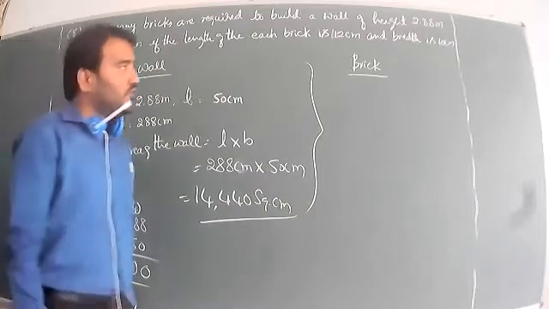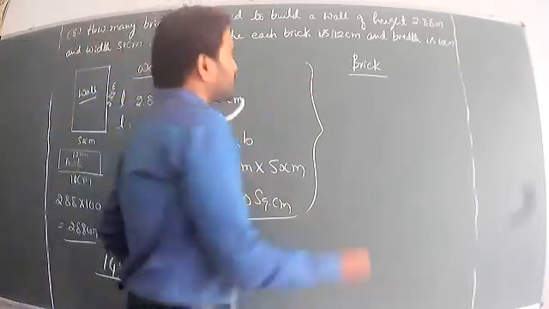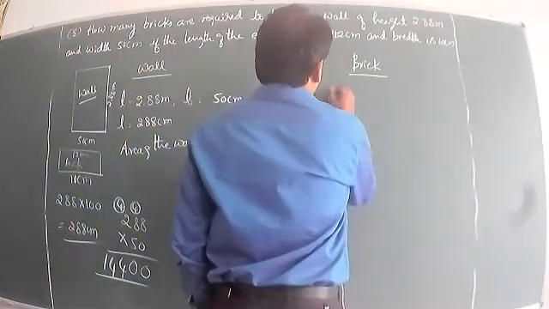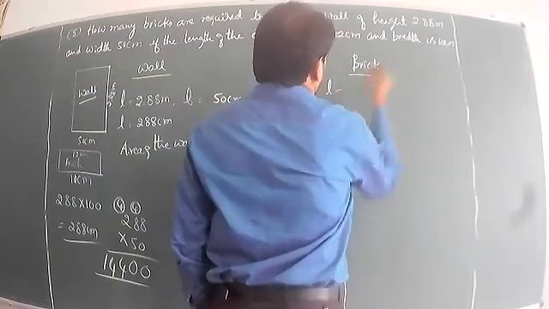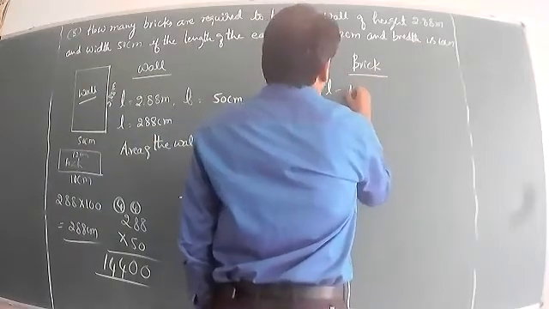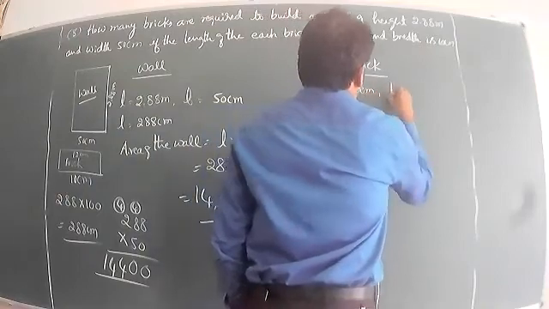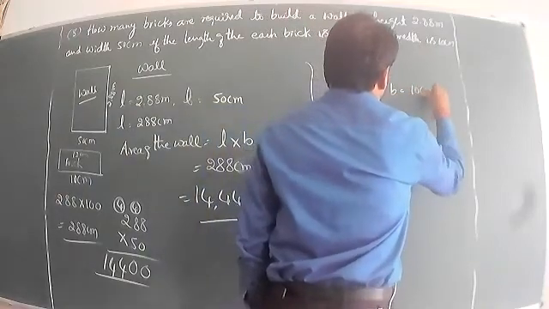Next, we go for the area of the brick. The length of the brick is 12 centimeters and the breadth is 10 centimeters.